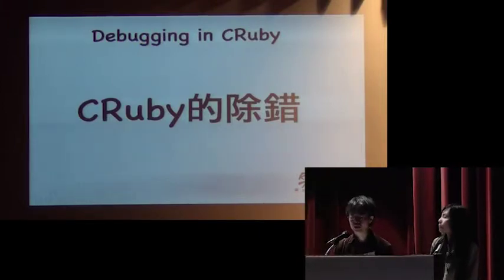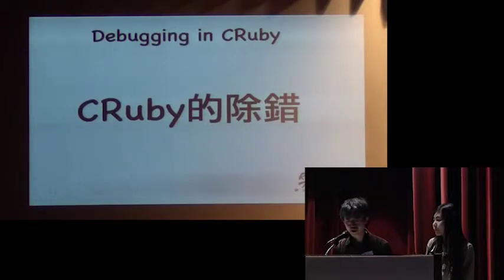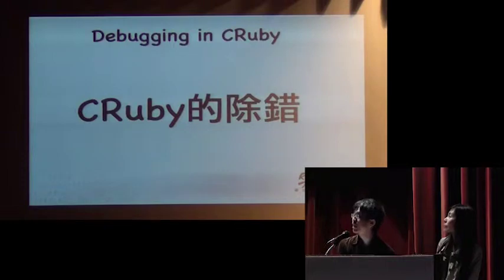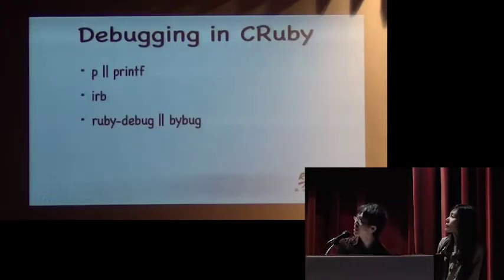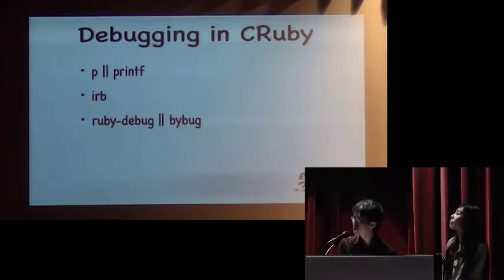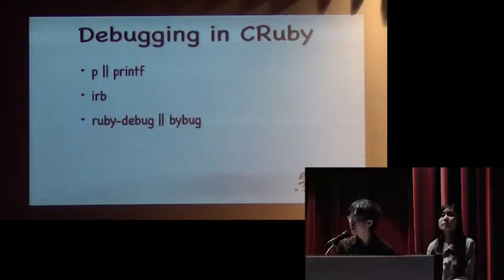We compare debugging in CRuby and debugging in mruby. There are a lot of ways to debug, but we see three ways to debug in CRuby. The first method is the p method or printf, very popular for debugging.